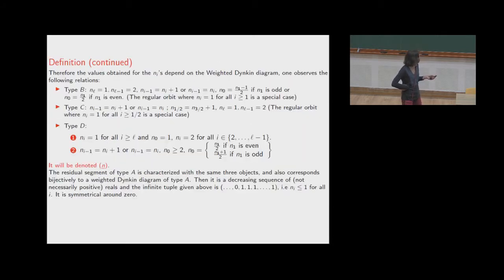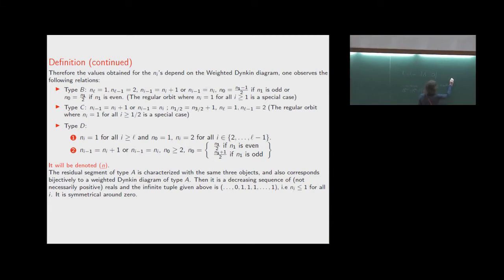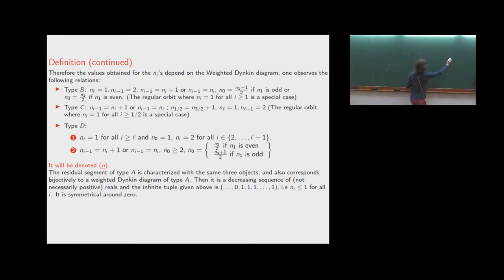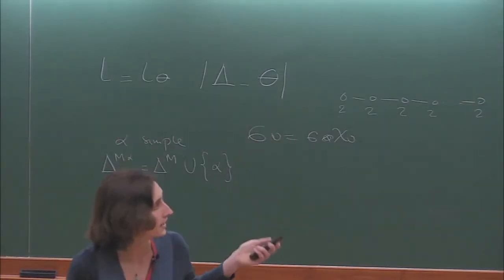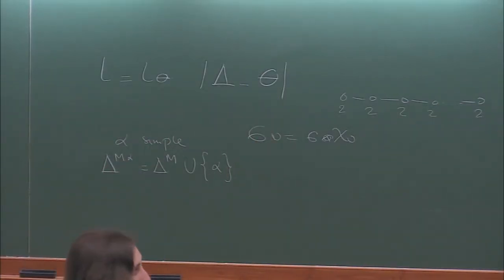So in the case of type A, say I have a weighted Dynkin diagram of type A, it's only a sequence of 2. Type A weighted Dynkin diagrams are very easy, just given by 2 everywhere. This means, if you understood what I said on the previous slide, that you have an increase by 1 on each coordinate.